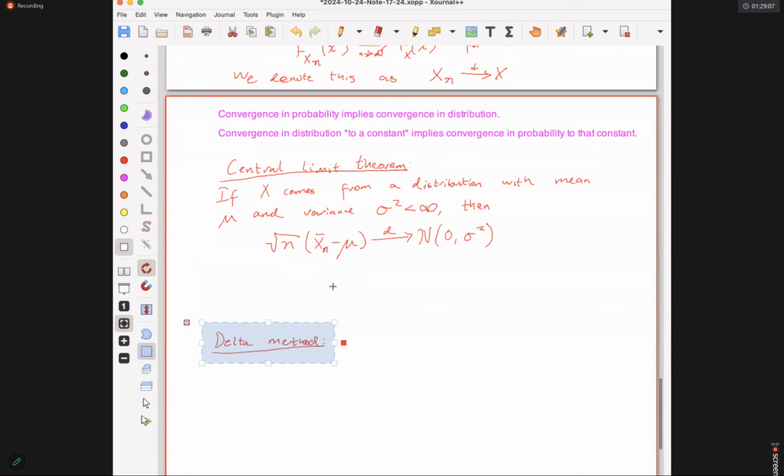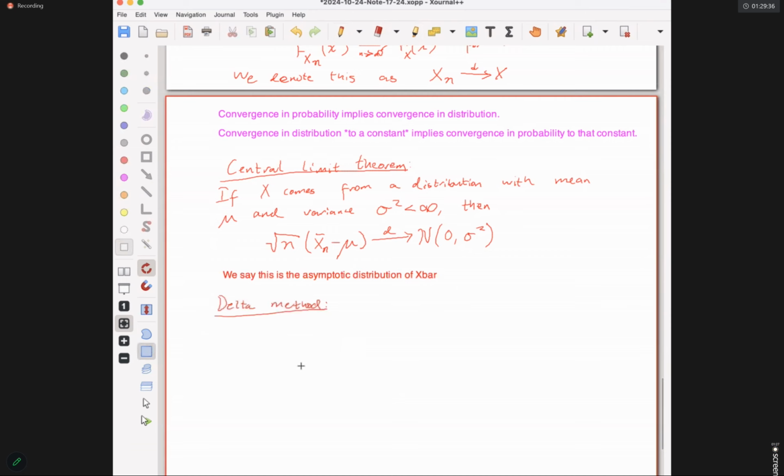And one more comment on this is that we say this as the asymptotic distribution of x bar. So if you're asked for the asymptotic distribution, I would write something like this.